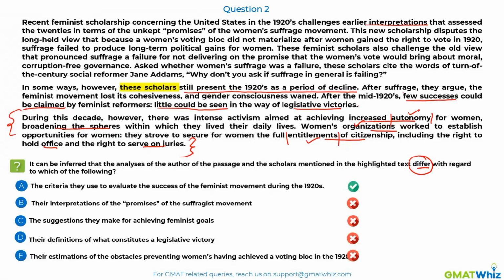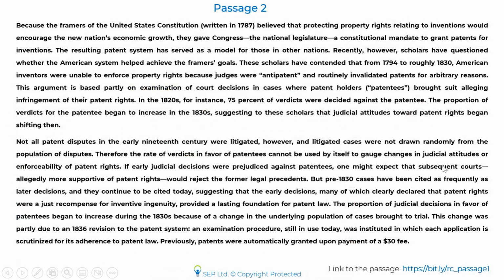Great. So let me see. Here comes the next passage, guys. This passage is a slightly longer passage.